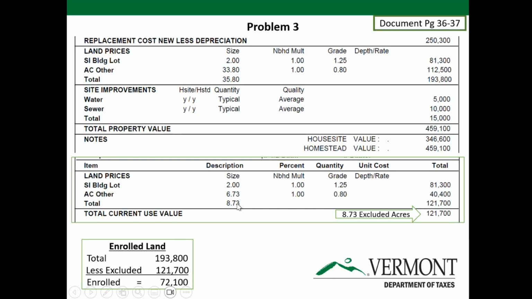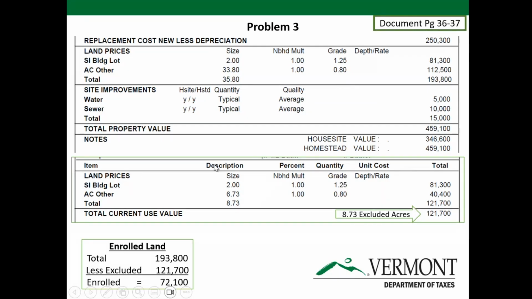There were an additional 6.73 acres of excluded land that after inspection, or consideration, we decided the 0.8 grade was appropriate. That grade in this example matches the cost report.